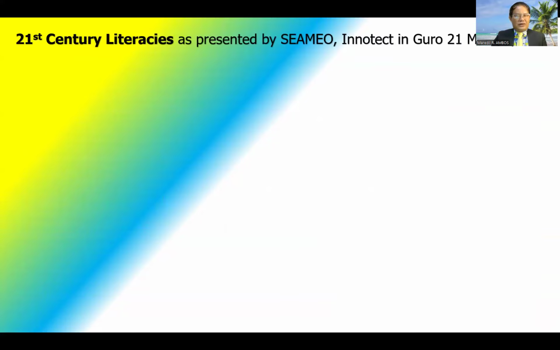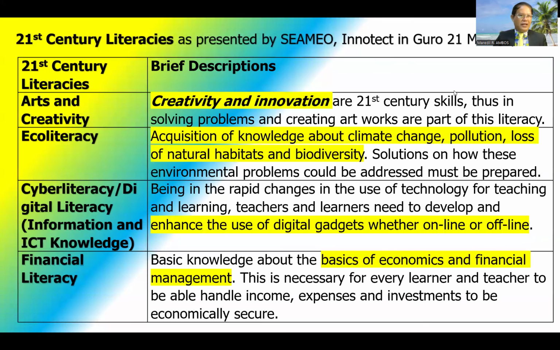If you notice, we have 16 literacy skills. But of course, the SEAMEO INNOTECH categories summarize these 21st century literacies. And here it follows. The first is arts and creativity.